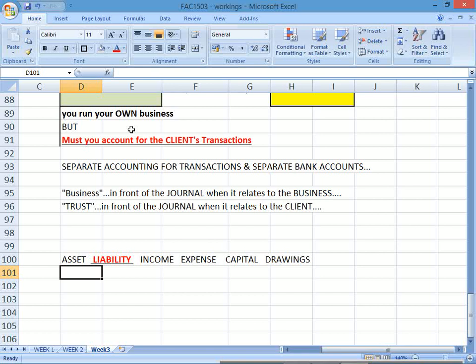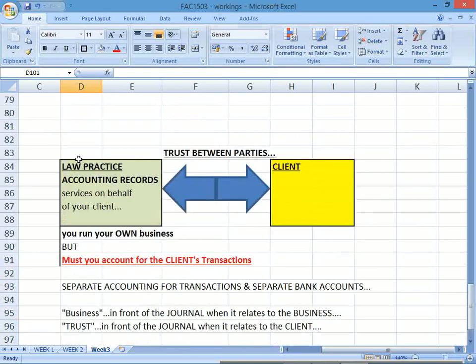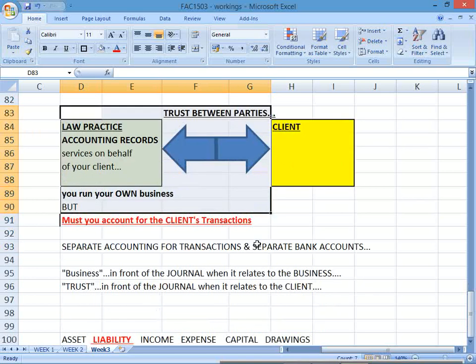Remember, you're acting on their behalf. So if the client needs to pay whatever fee in order to get whatever job done, who pays that? The client. But the business will pay it for the client. Yes, on their behalf.